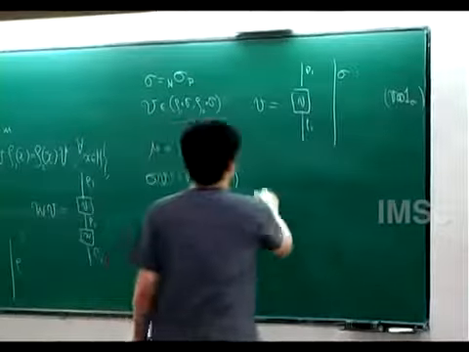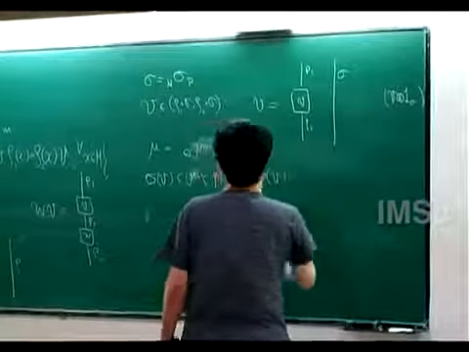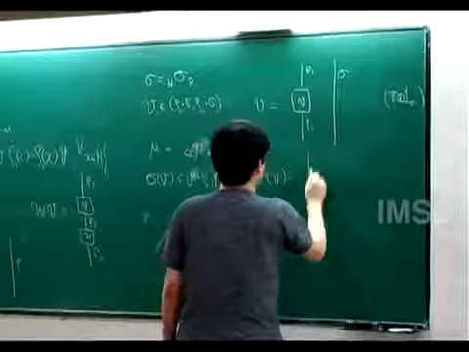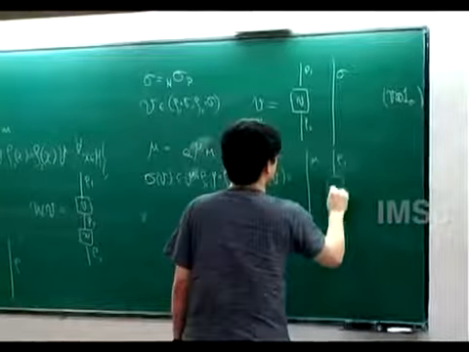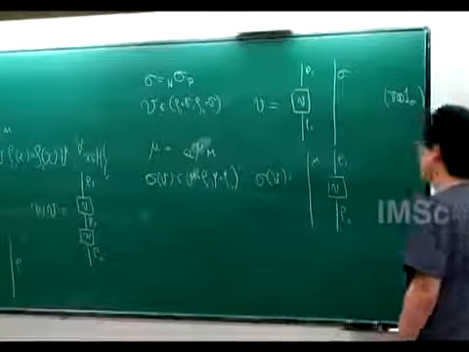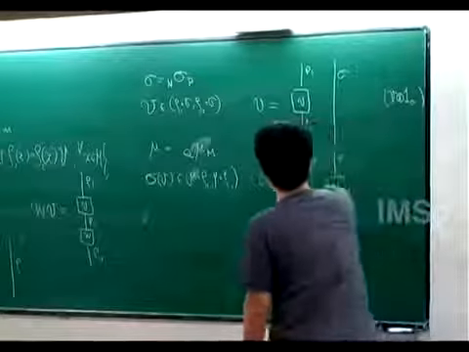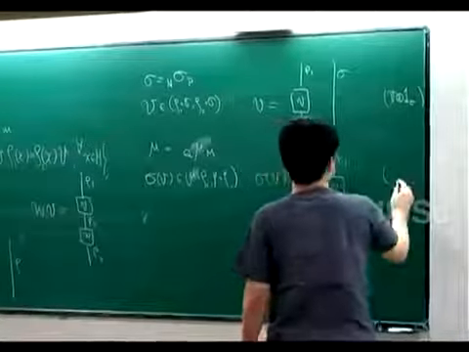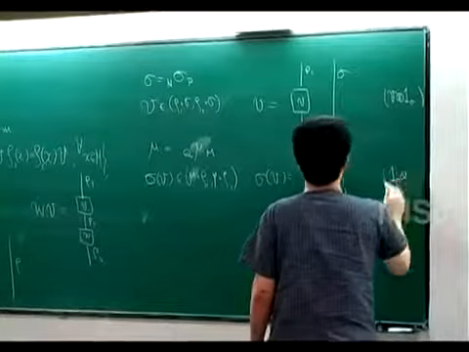So sigma V is expressed as, here you have mu, and you have rho 2. So this is my convention. And in tensor category, this corresponds to this tensor product.